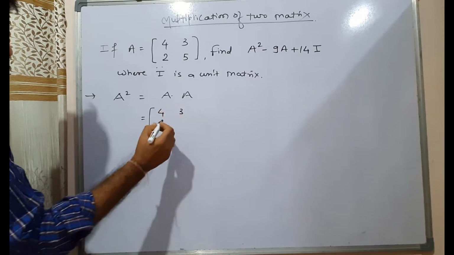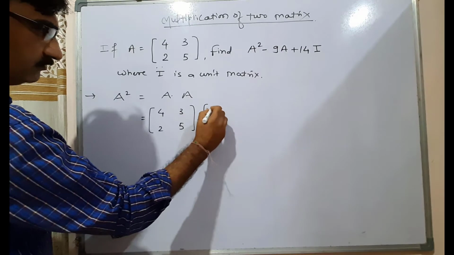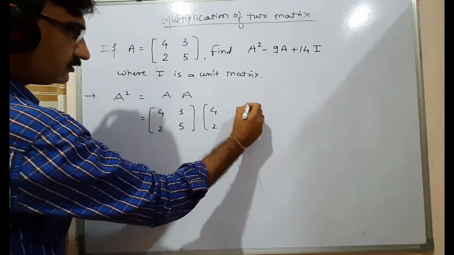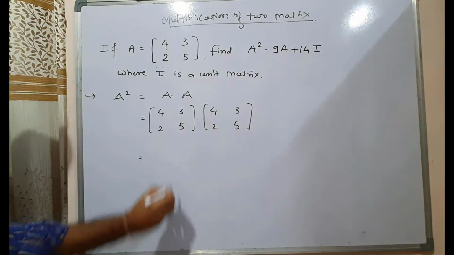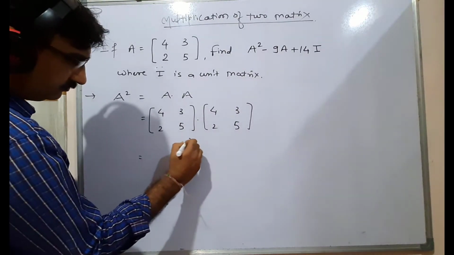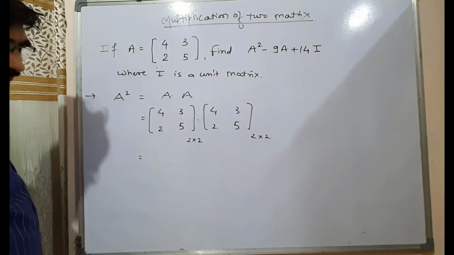We write down A into A, that is the matrix 4, 3, 2, 5 into again the matrix 4, 3, 2, 5. Now in case of multiplication, we concentrate on the order of the matrix.